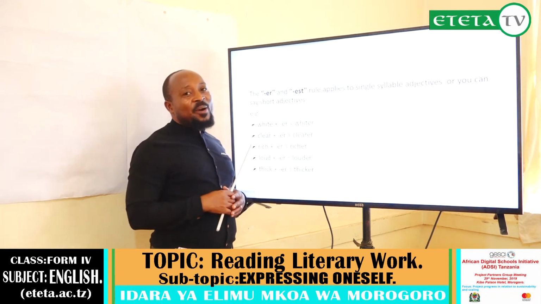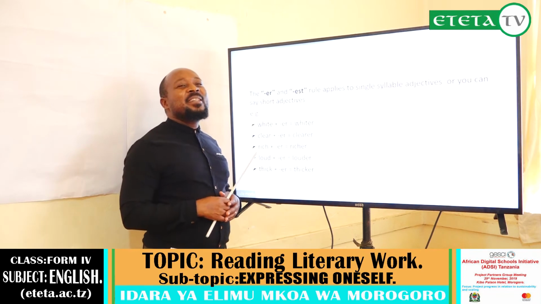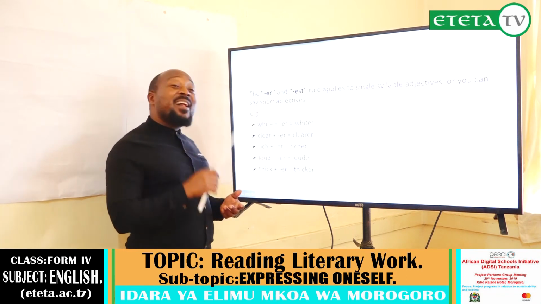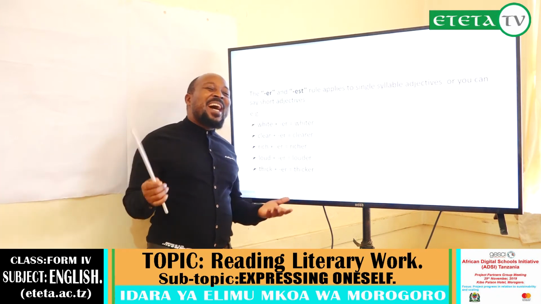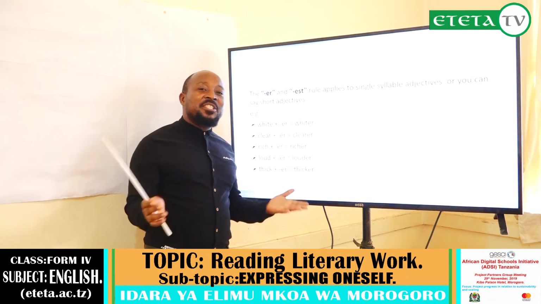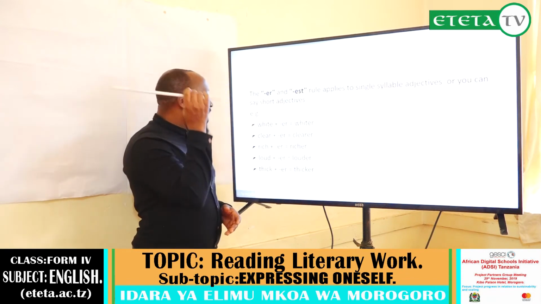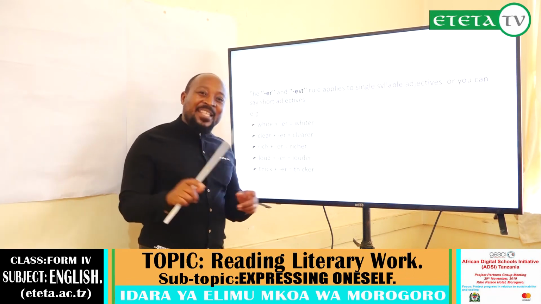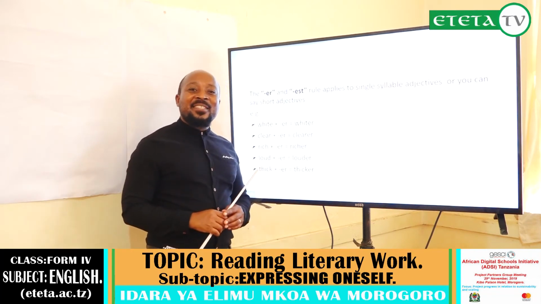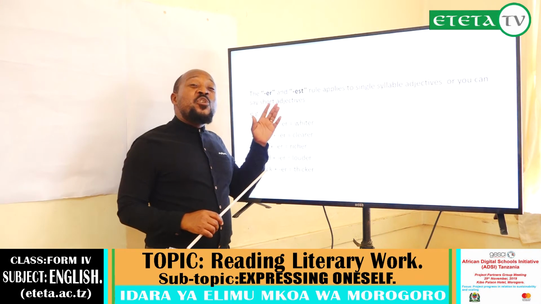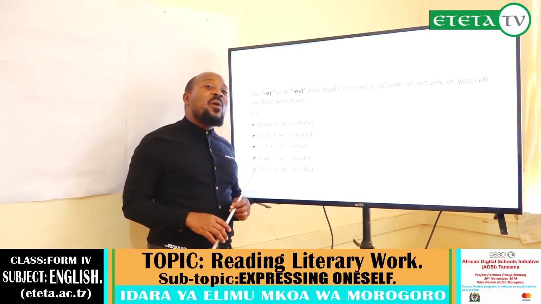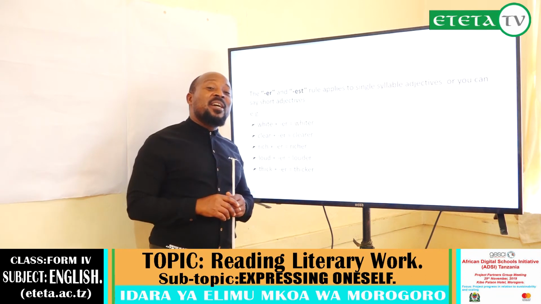That's a single syllable word. It's a short word. Clear. Simple like that. You have the word like rich. Then you just add ER. It's because rich is a single syllable, short word, richer. Loud, that's a single syllable. It's a short word, louder. Like that.